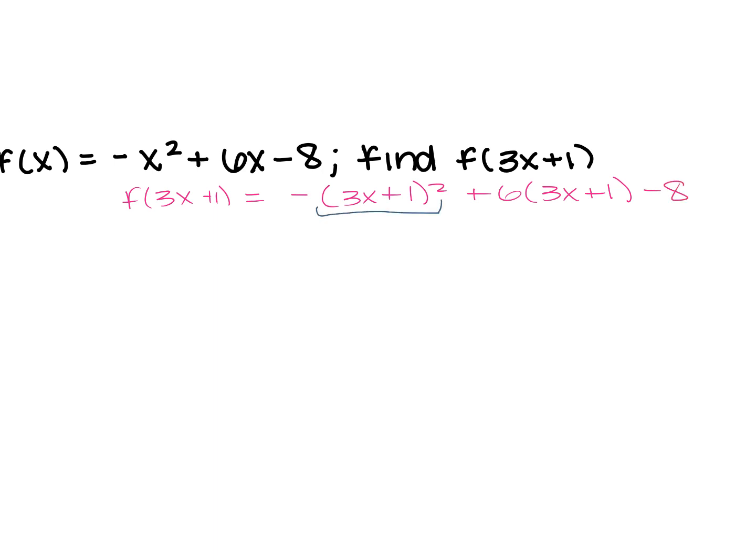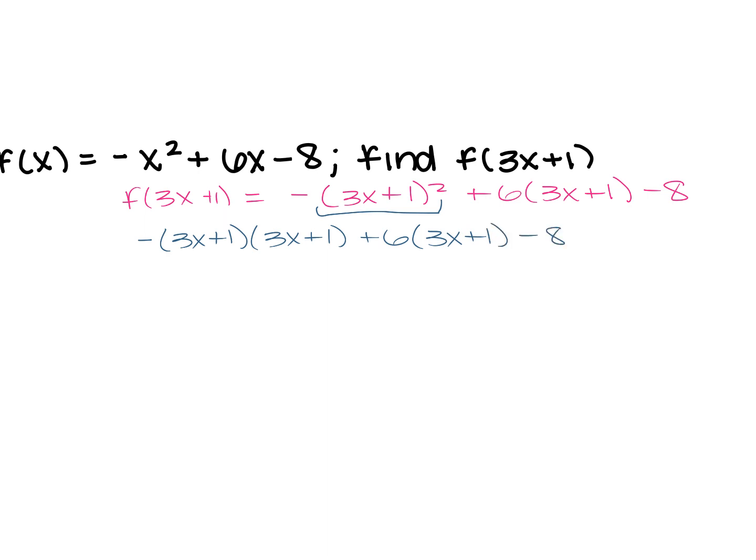This 3x plus 1 squared is raised to the second power, so you have to separate it and FOIL it out. So this is going to be rewritten as the opposite of 3x plus 1 times 3x plus 1 plus 6 times 3x plus 1 minus 8.